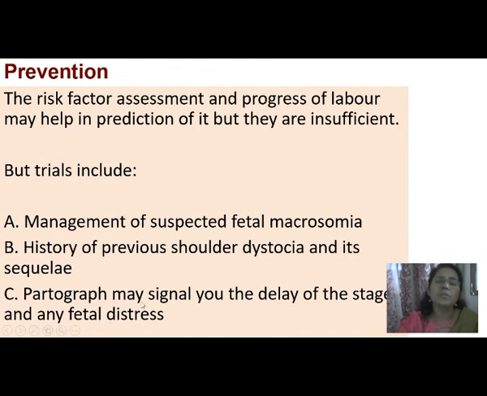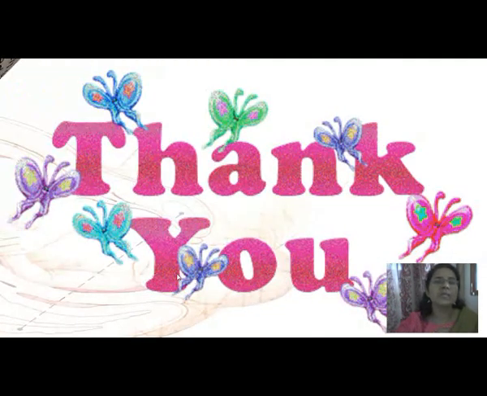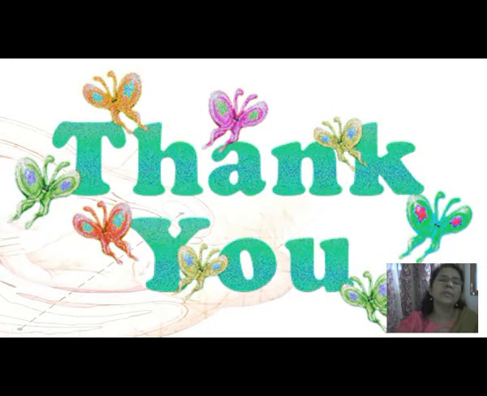So we can use the partogram to assess for any delay, and take a proper history, to see whether in a previous delivery there was a history of shoulder dystocia. So that's all about shoulder dystocia.